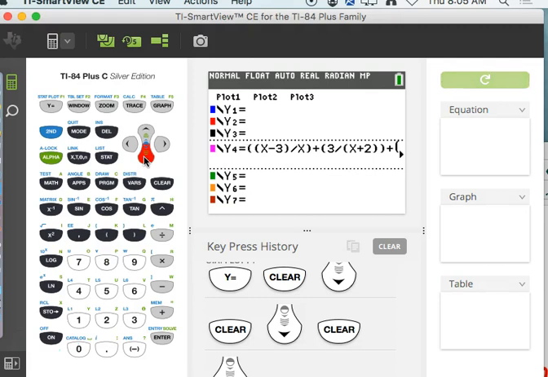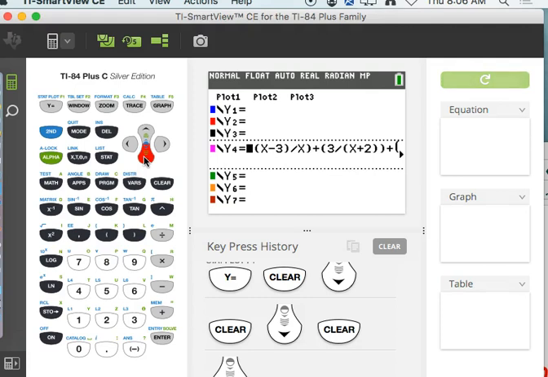So we have parentheses, parentheses, x minus 3, parentheses, divided by x, parentheses, plus, parentheses, 3 divided by parentheses, x plus 2, parentheses, parentheses, plus, parentheses, 6 divided by parentheses, x squared plus 2x.